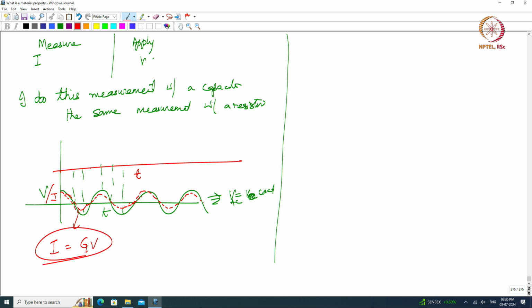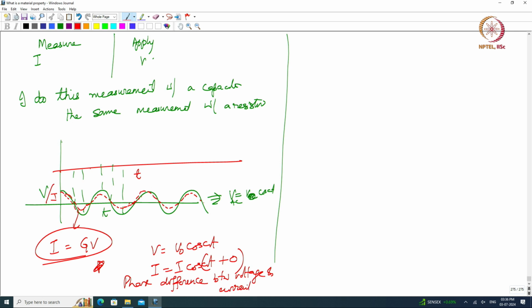Now, what is the phase difference between current and voltage here? V equal to V naught cos omega t and I equal to I naught cos omega t plus 0, right. So, the phase difference between voltage and current is 0.